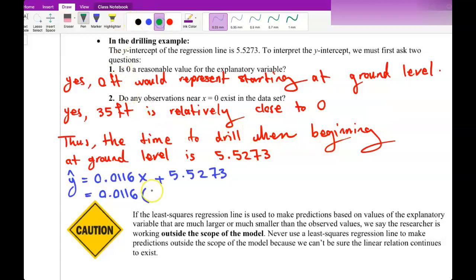We have x is 0. Okay, so that is equal to 5.5273.